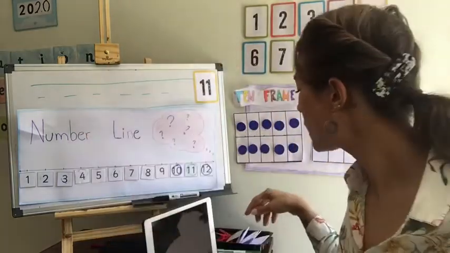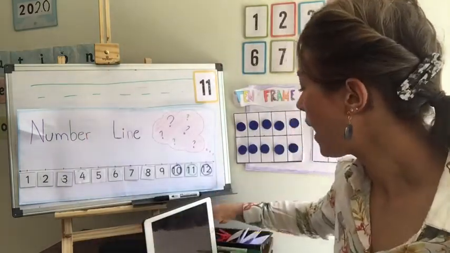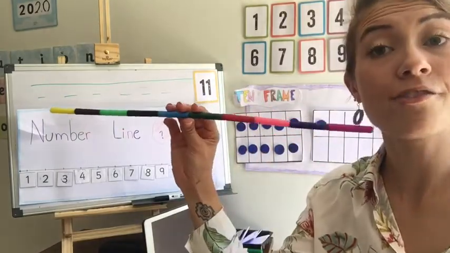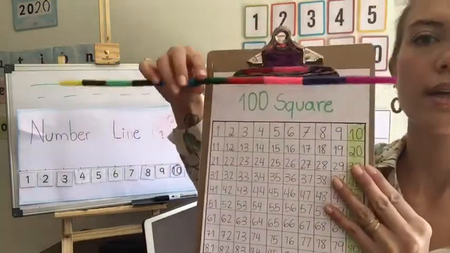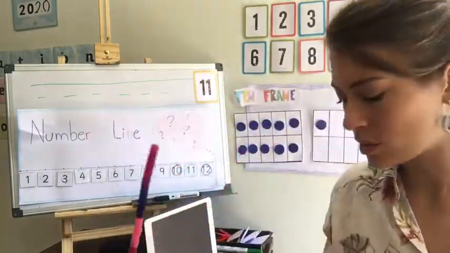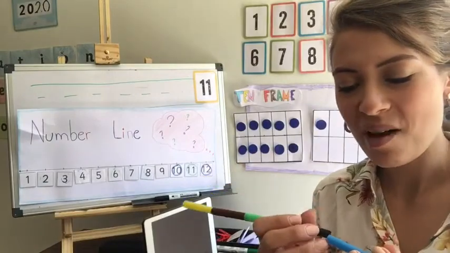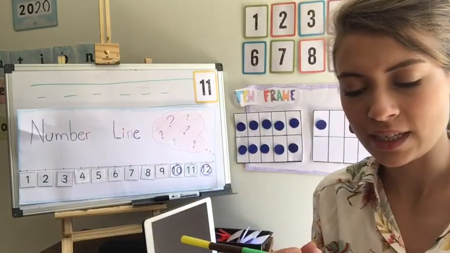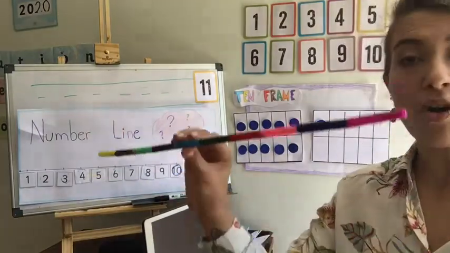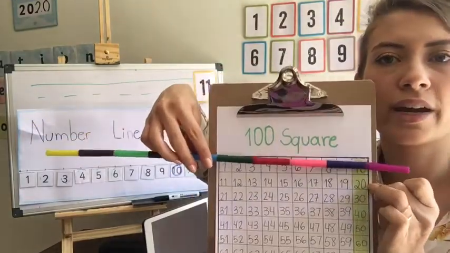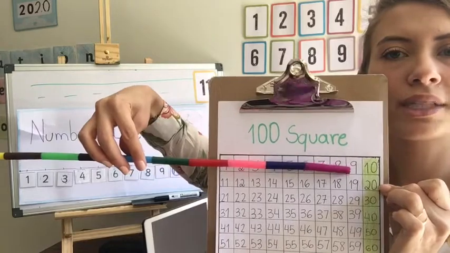For example, here I have my counters, my 10. Here I have 10. And I represented with counters my number 10. And then I have all of the units over here. And look at the size, right? This represents the number 10.